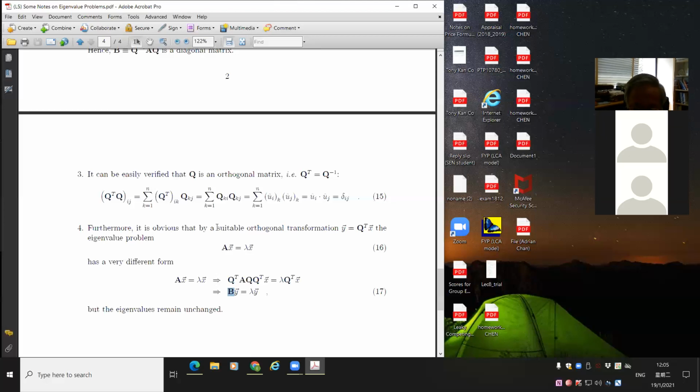Just like here, when you practice a lot, sometimes when you encounter a new problem, you can spot a suitable orthogonal transformation right away by inspection, rather than going through all these procedures, solving a set of homogeneous linear algebraic equations.